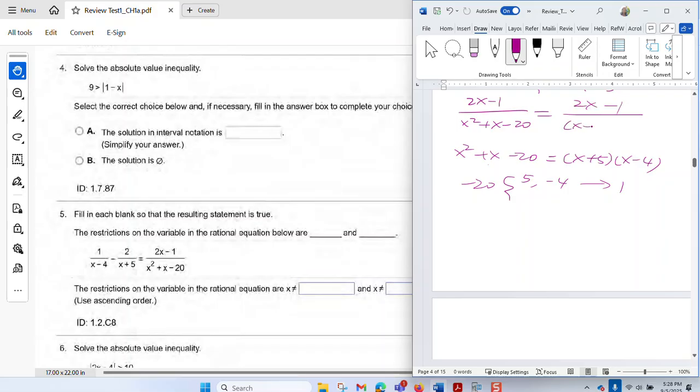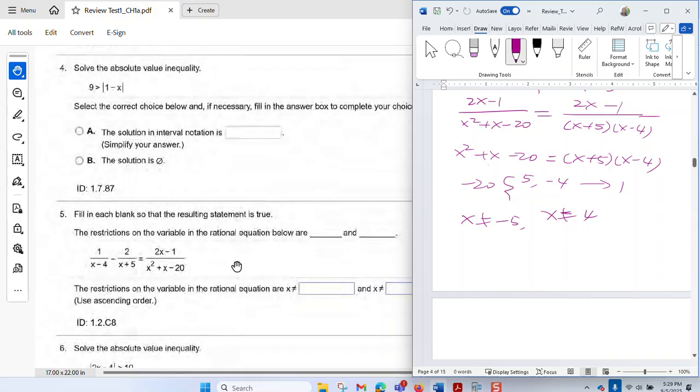So my LCD here, look at that, x minus 4, x plus 5, is the same denominator as the left-hand side, right? So I already excluded x cannot be equal to negative 5 and x cannot be equal to 4. They are already covered in here.